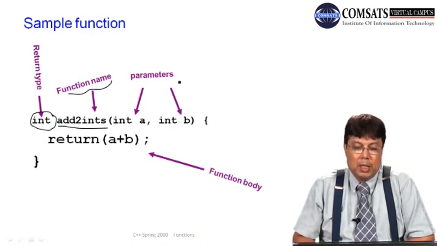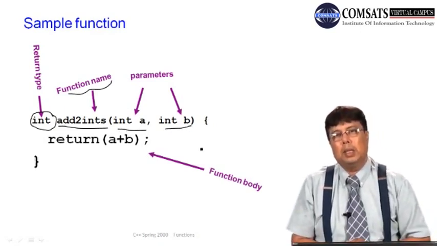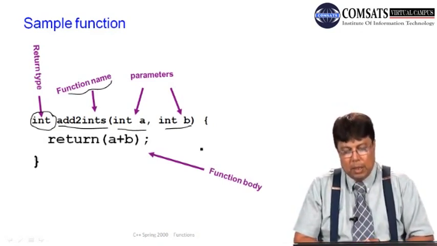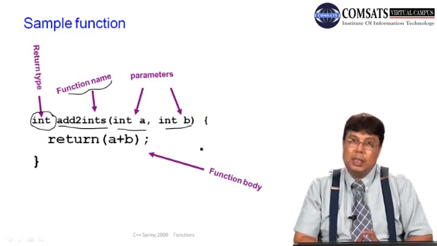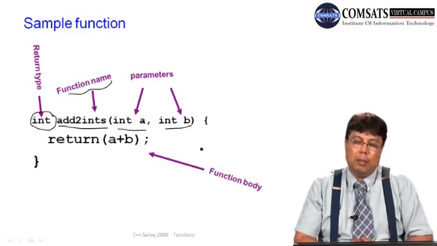Parameters, parameter की list, int a, int b. int a and b में 3 बातें हम बता रहे हैं. Number 1, variables की type. Number 2, variables के नाम. Number 3, order of the variables.